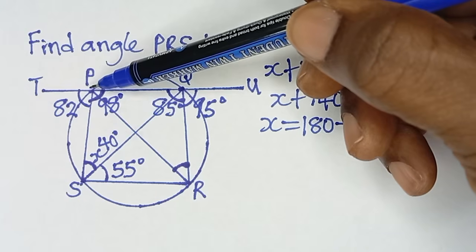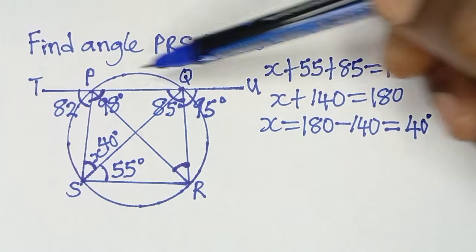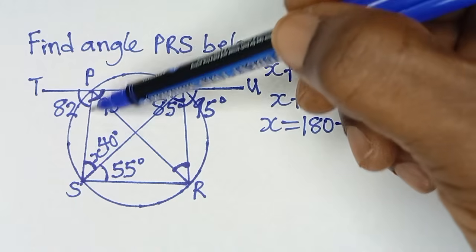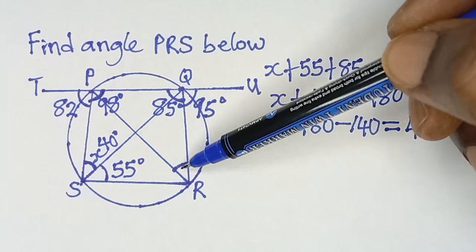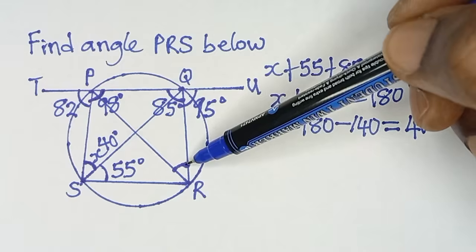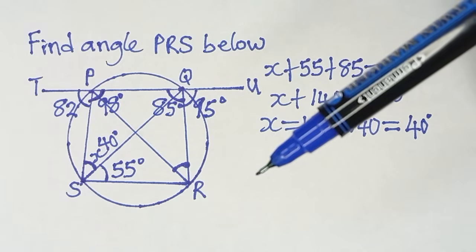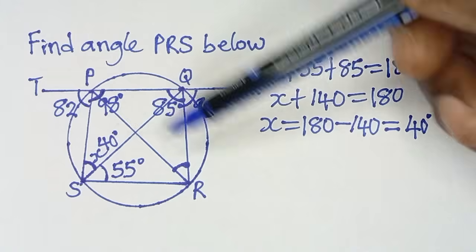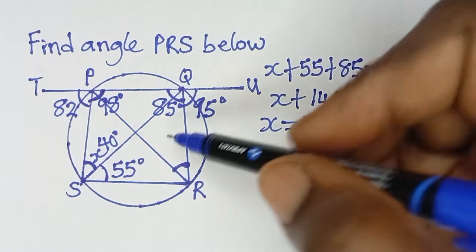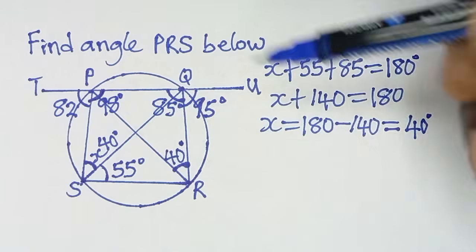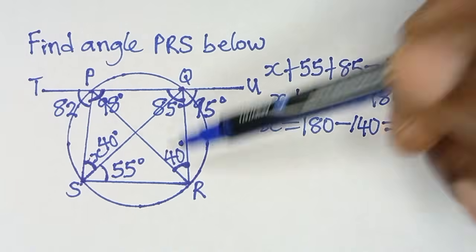So when you have the same points and you see lines coming from those points to form angles at the circumference, then the two angles formed are angles in the same segment. So if this is 40, this angle is also 40 degrees because angles in the same segment are equal.